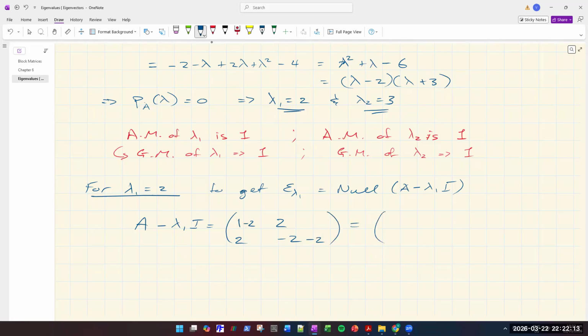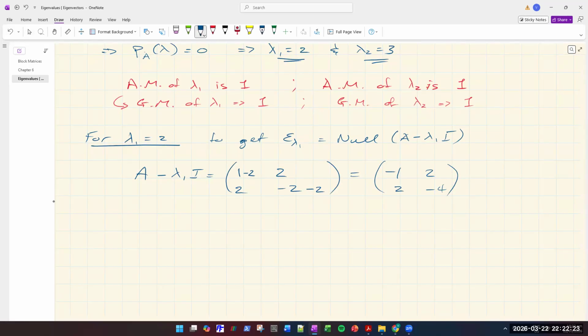So this is 1 minus 2 is minus 1, 2, 2, minus 4. Okay, so we need to solve A minus lambda 1 I times x equals 0, right? Where x is x1, x2 transpose. It's a column.